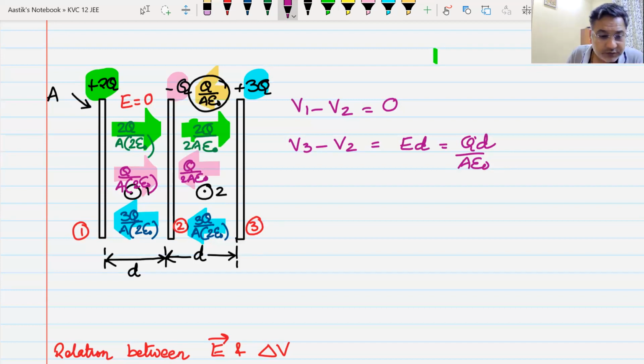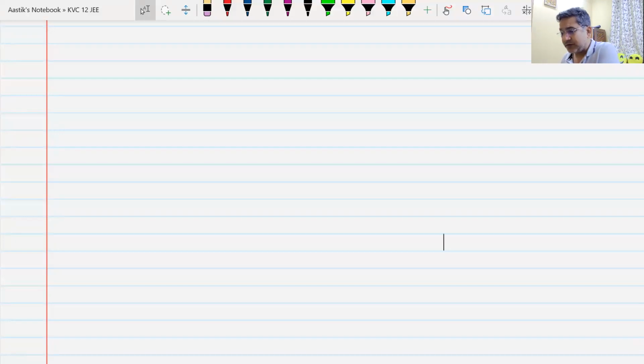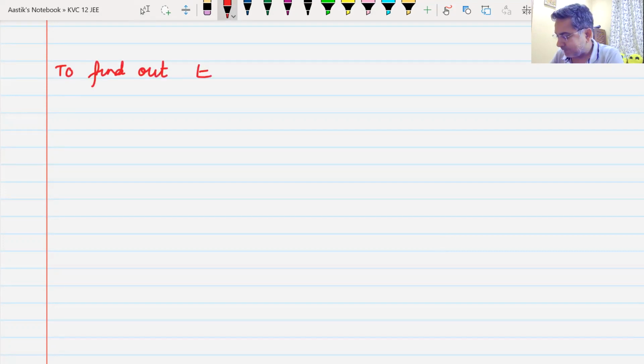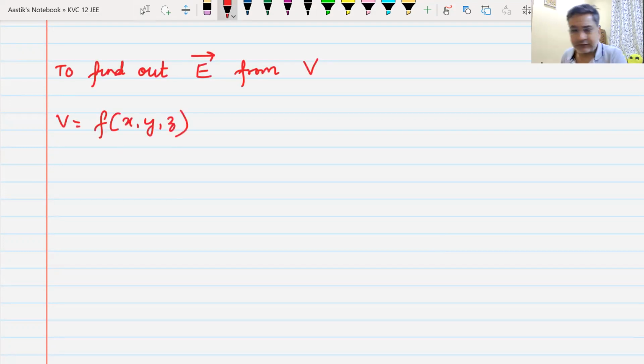Yes, sir. So, this is all that you need to remember or know about finding out electric potential difference from electric field. Now we will do the reverse of this process. What do you mean by reverse of this process? To find out electric field from V, you will be given V as a function of X, Y, and maybe Z. Potential would be given as a function of all these things.